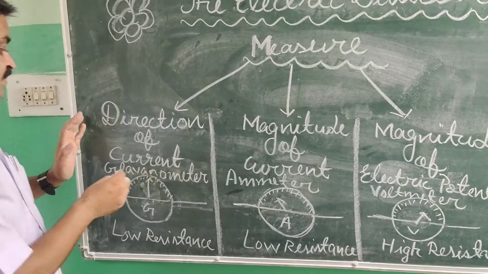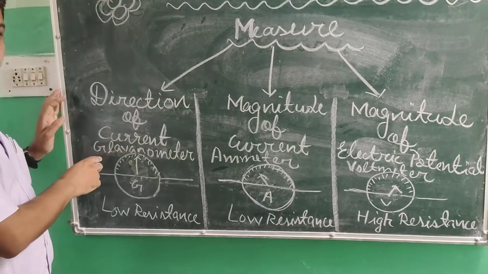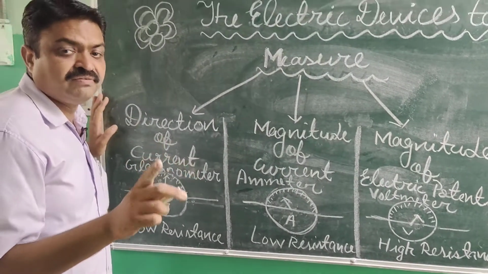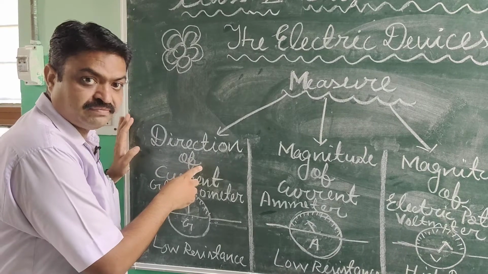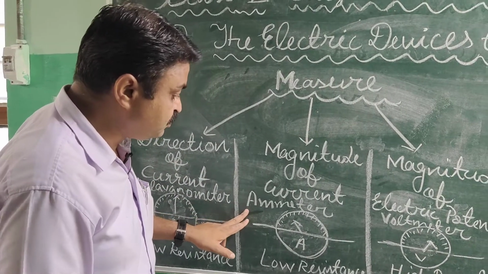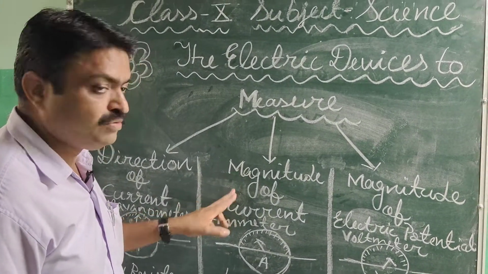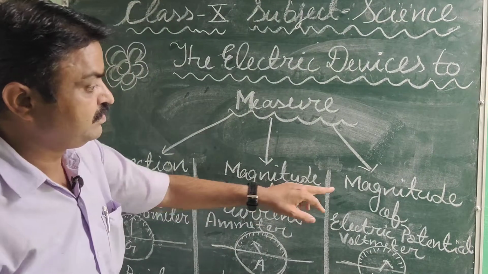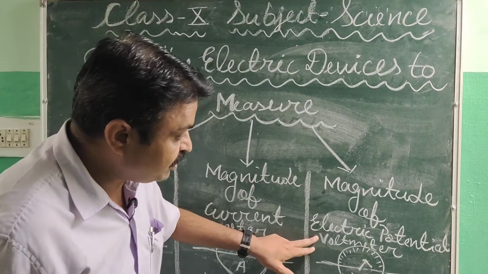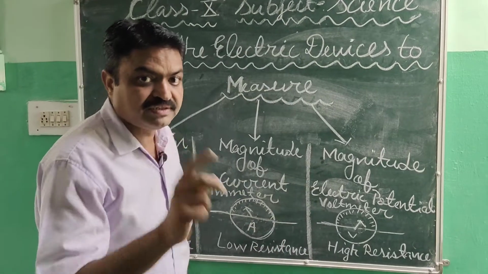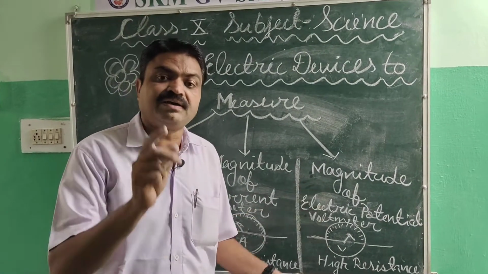So students, the galvanometer is used to find the direction of current. The ammeter is used to find the magnitude of current. The voltmeter is used to find the magnitude of electric potential.